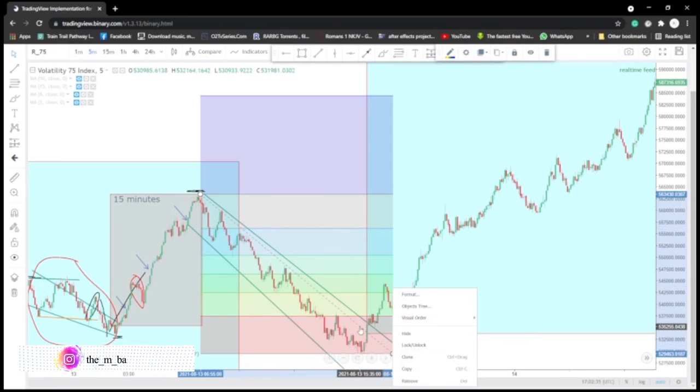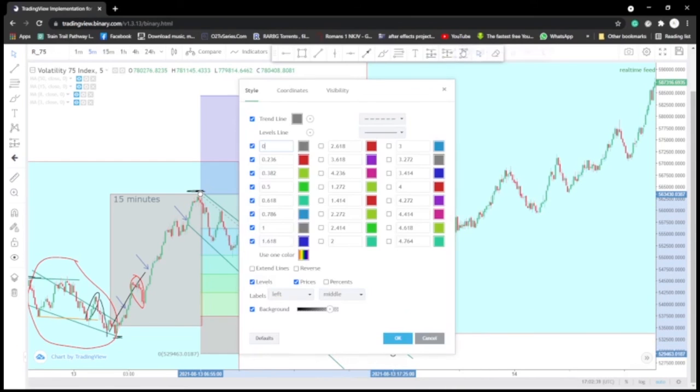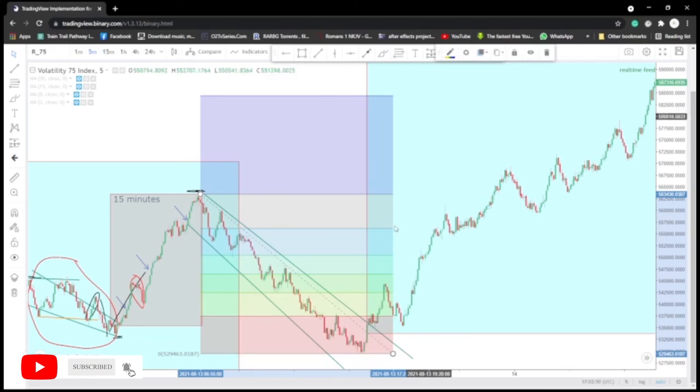As you can see, it's only showing me colors, which I do not understand how to change to these numbers, because if I had these numbers I would be able to use this Fibonacci. But Fibonacci as well, it helps you to get the market early as it presents an opportunity to you.